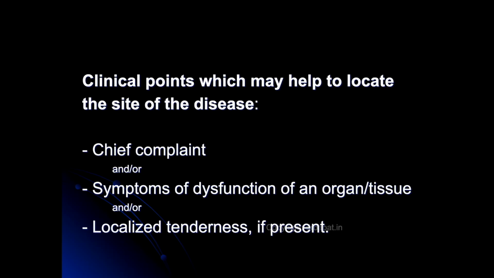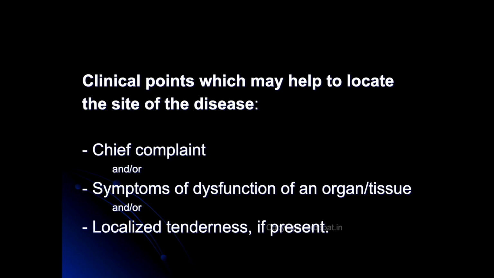For example, if a patient presents with, say, pain in upper abdomen, nausea and vomiting, and tenderness in epigastrium, which organ you think might have been affected? It could be stomach, liver, or pancreas, or maybe gallbladder in some cases, isn't it?